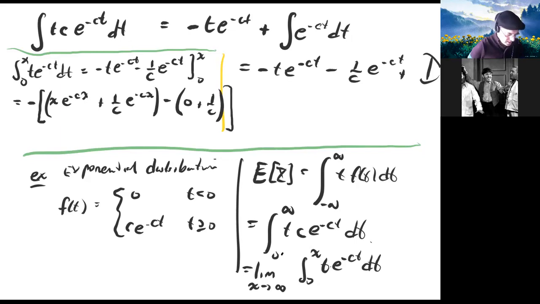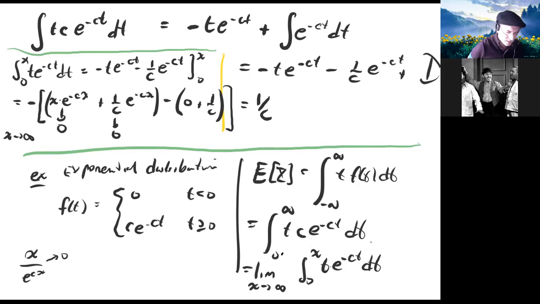All right, so now what happens as x goes to infinity? Well, since c is positive, this term is x over e to the cx, and by a L'Hopital's rule argument, this is going to go to 0. This other term also goes to 0 for an even easier reason, and you're going to be left with 1 over c.